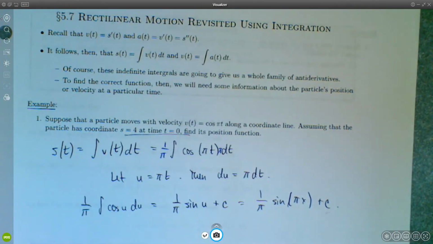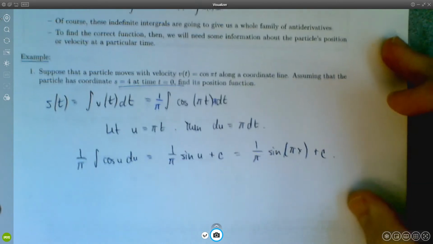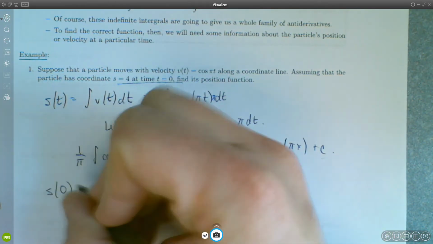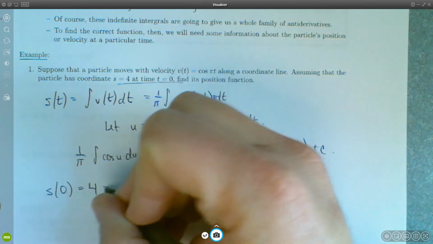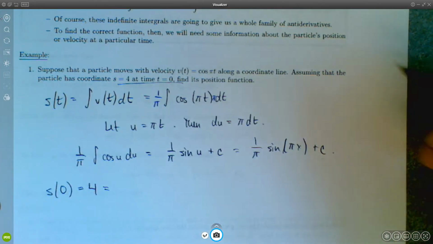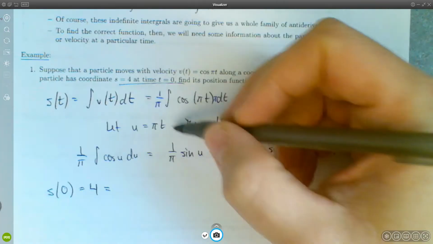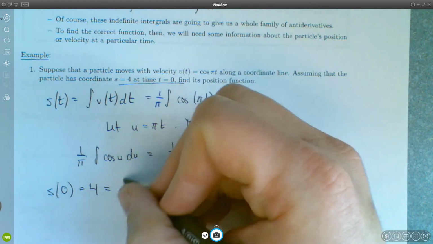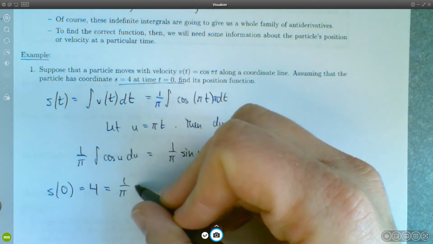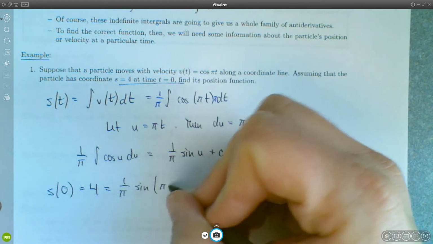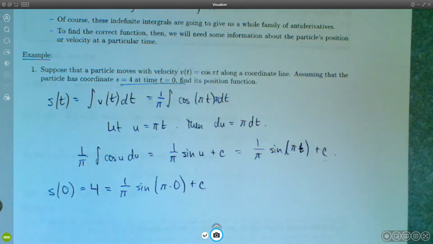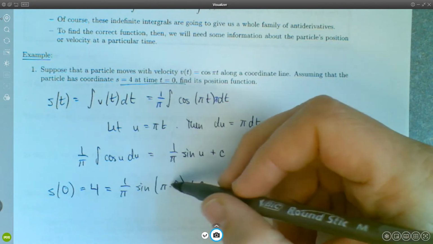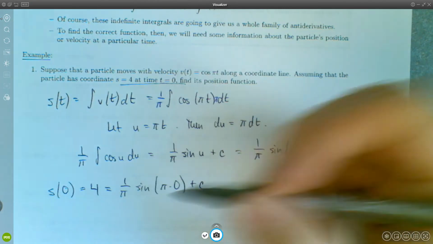So now, to solve for c, we use this initial condition, that s equals 4 when t equals 0. So s of 0 equals 4. I'm going to plug in 0 for t. I would get 1 over pi sine of pi times 0 plus c. Well, pi times 0 is 0, and sine of 0 is 0. 0 times 1 over pi is 0.